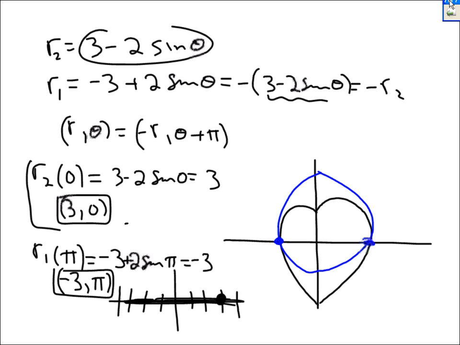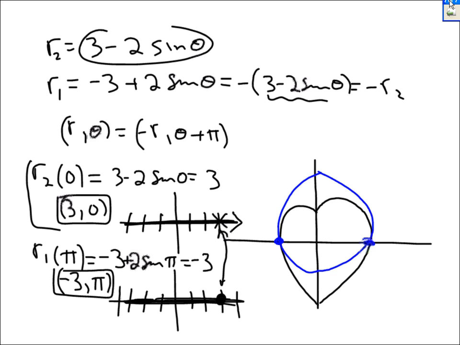Now, if you're just talking about 3, 0, here is the angle 0. In fact, 0 goes in that direction. That's the positive direction. Here is positive 1, positive 2, positive 3. That's 3, 0. This would be negative 1, negative 2, negative 3. What do you know? Those are the same points. They actually intersect there.